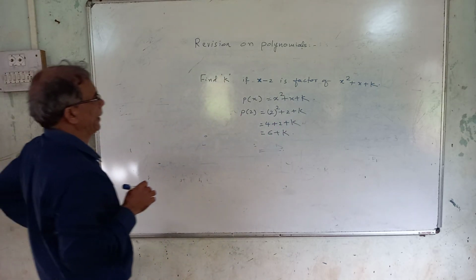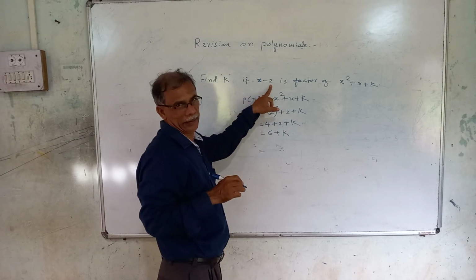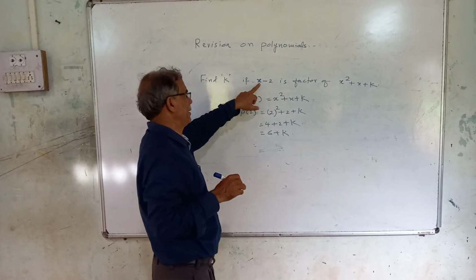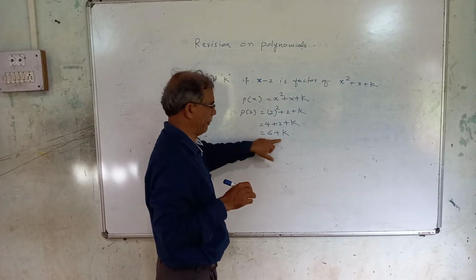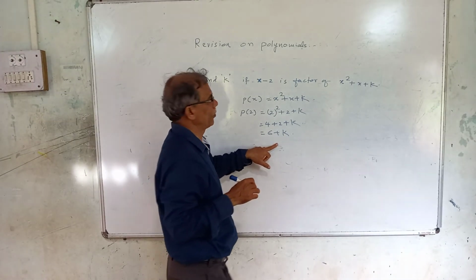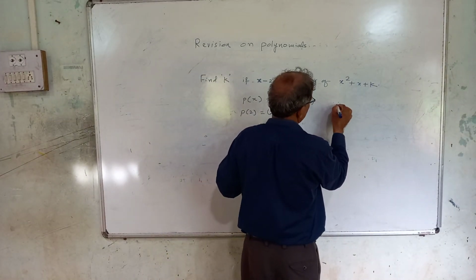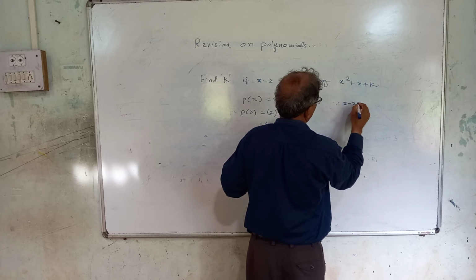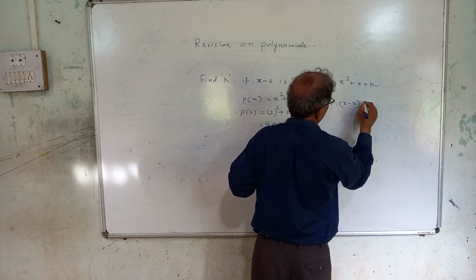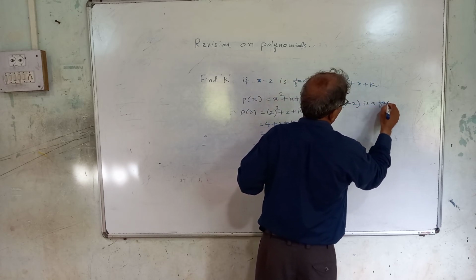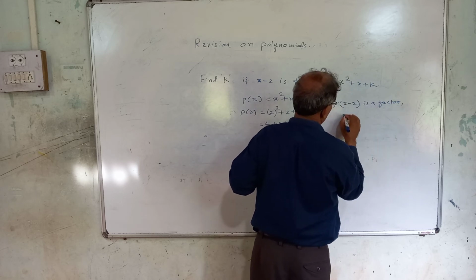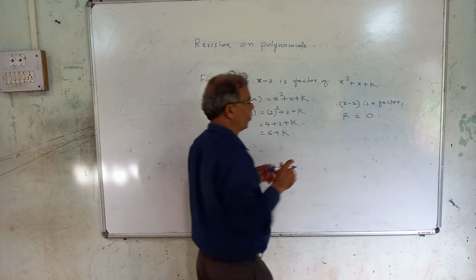We have been given that x minus 2 is a factor. So this is the remainder, and the remainder must be 0. Now you can write, since x minus 2 is a factor, r should be equal to 0.